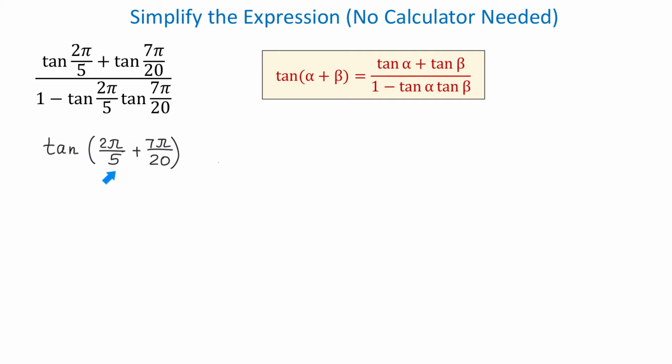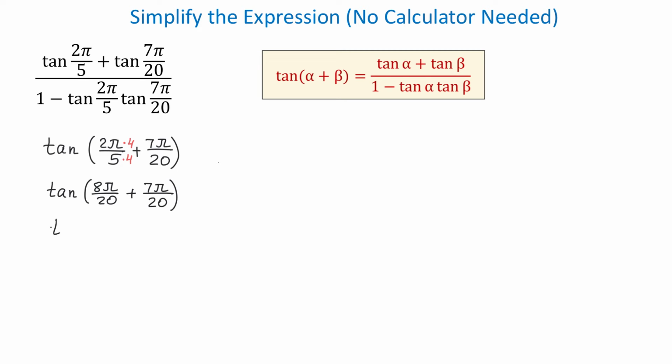Now, to add these two angles, we need to have the same denominator, and for this, we will multiply the numerator and the denominator of the first fraction by 4. Then we will have tangent of 8 pi over 20 plus 7 pi over 20.